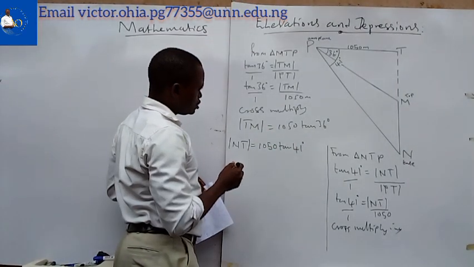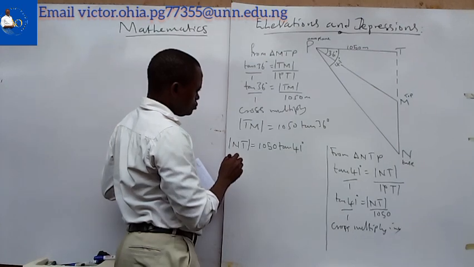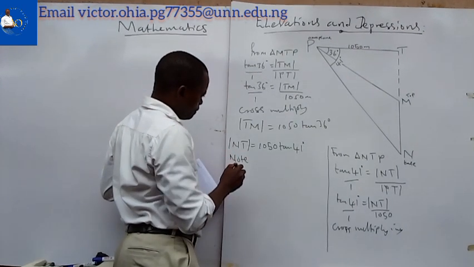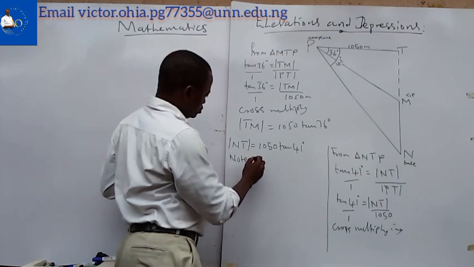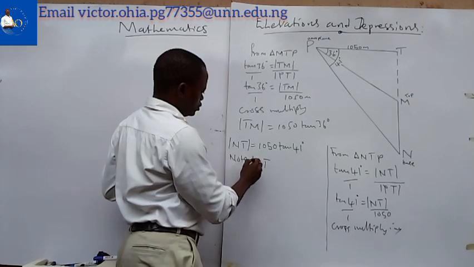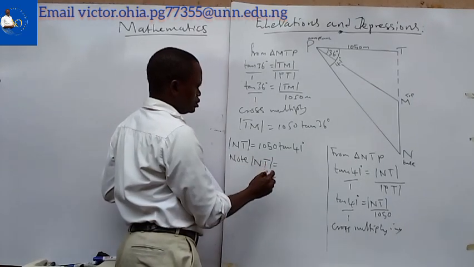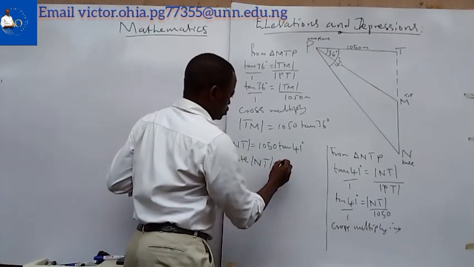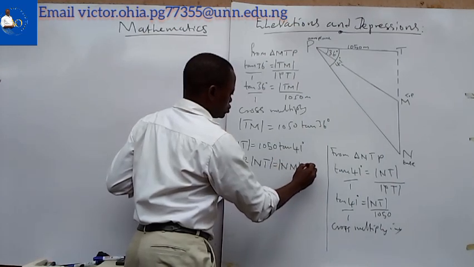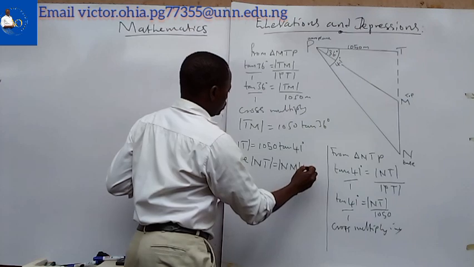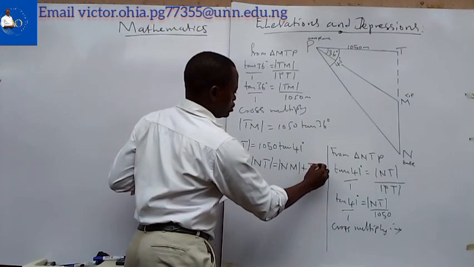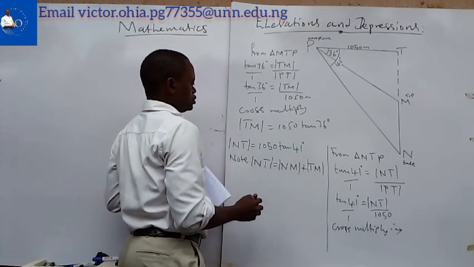But there are some things I need to describe here now. Note that NT is a combination of NM plus MT or TM. Do we get?